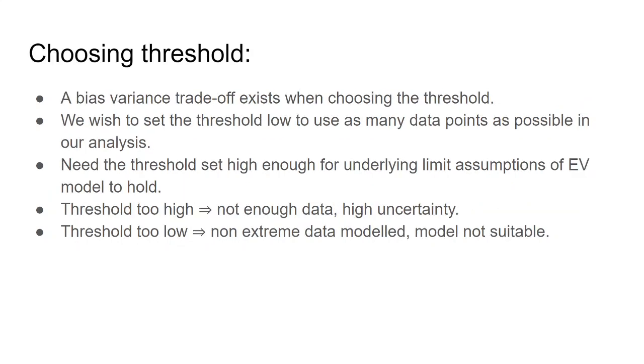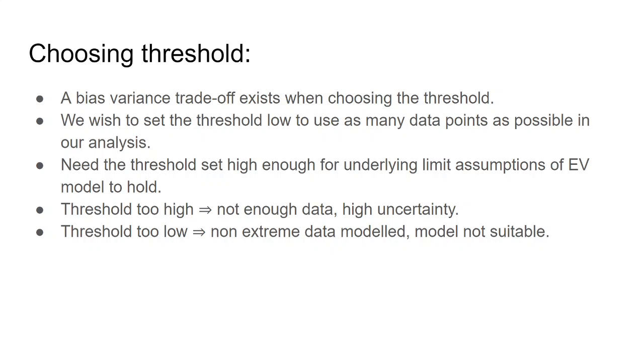Now, we talked about this threshold exceedance: we set a threshold and model the values that lie above it. The problem that arises here is how to choose that threshold. We can use the bias-variance trade-off to choose an optimum value of the threshold.